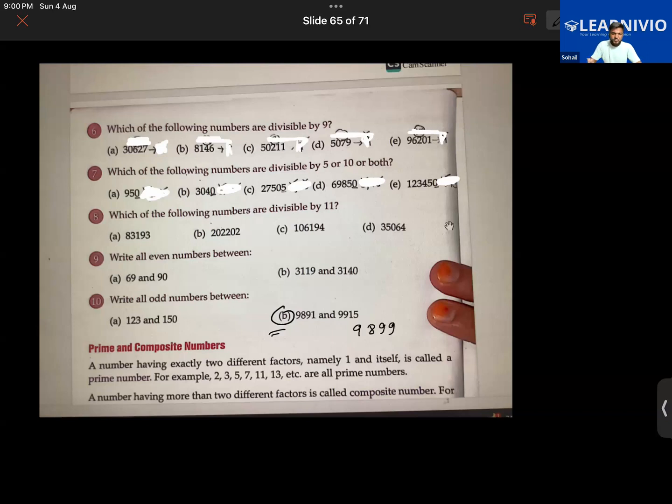After this, what number were you quoting? 9901. Then 9903, then 9905, and like this you can continue till the last number, which would be 9913.